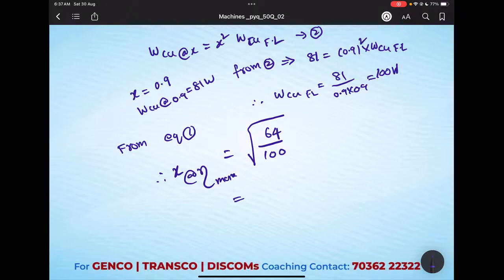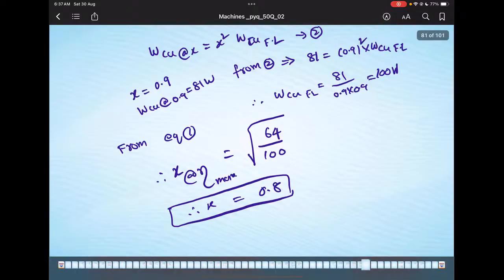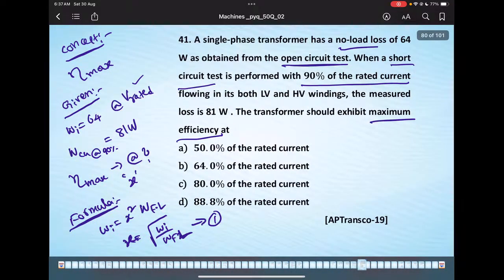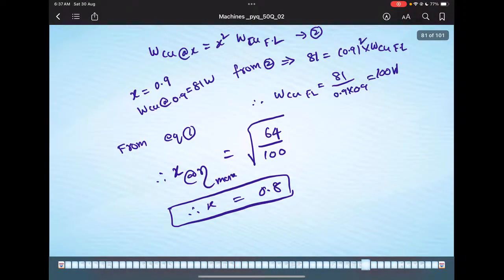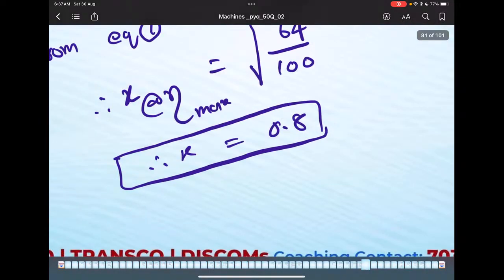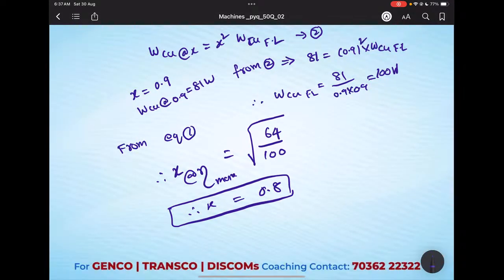How much will you get? You will get 0.8. Therefore, X is equal to 0.8. The option is 80% of rated current. The point is that X is a fraction. If you write it as a percentage of rated current, X is 80%.